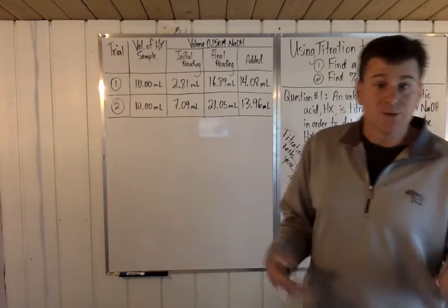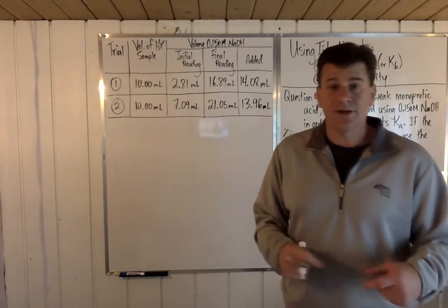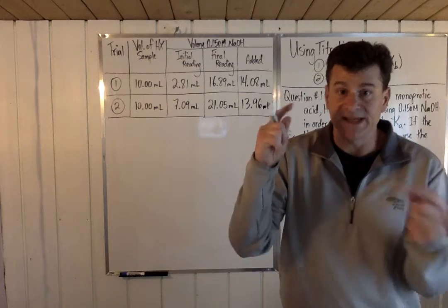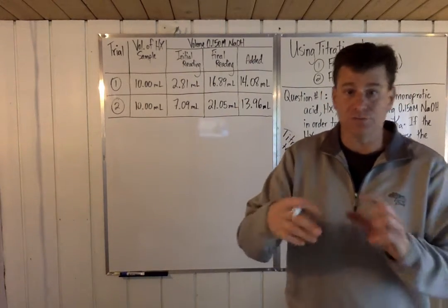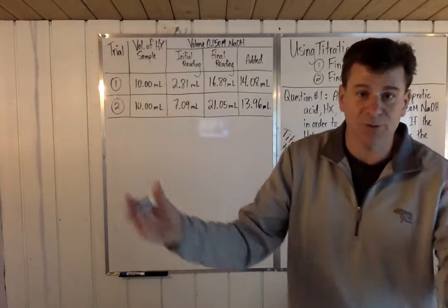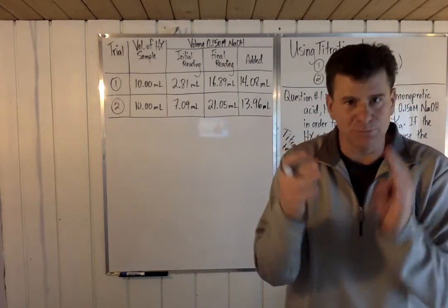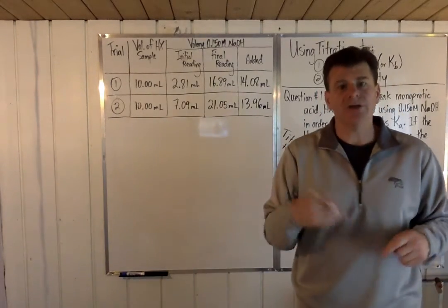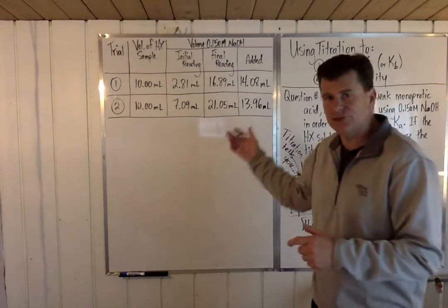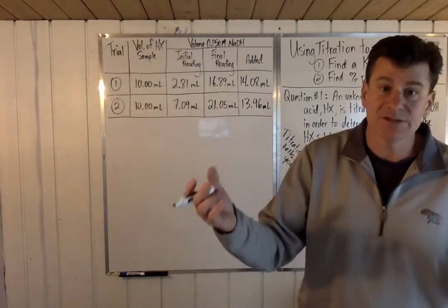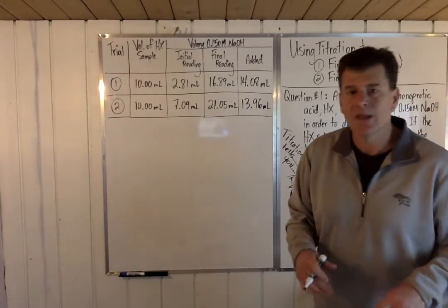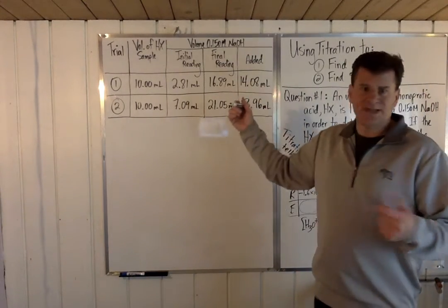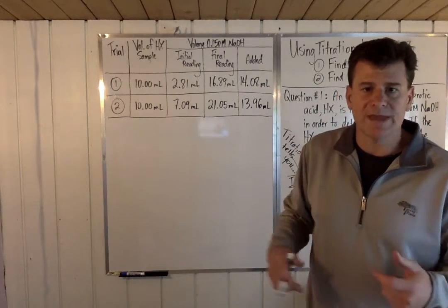As you recall from the last video, neither one of those is correct. You're taking the average. You do as many trials as you possibly can to get what you believe is the most accurate value. If I did a third trial, the average would be supposedly even more accurate, four trials more accurate, and so on. These two trials are fairly close together, so we're going to go with the average of those two.